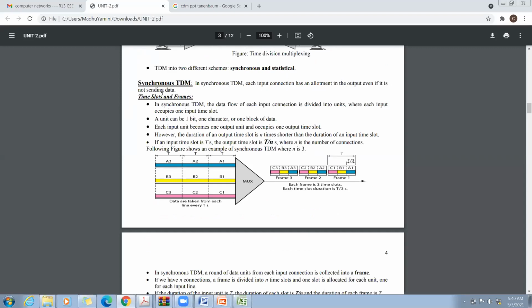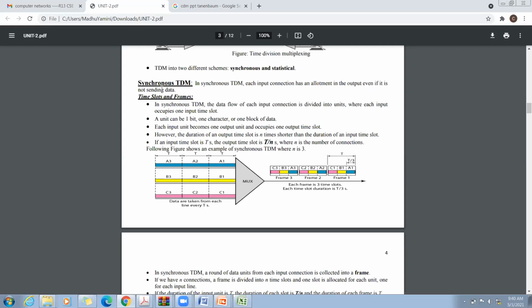This point you need to note down. How many input connections do we have in the diagram? A, B, C. We have 3 input connections. Each input connection has an allotment of output, even if it is not sending data.